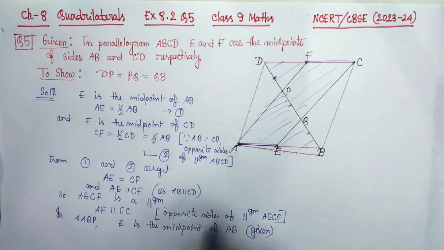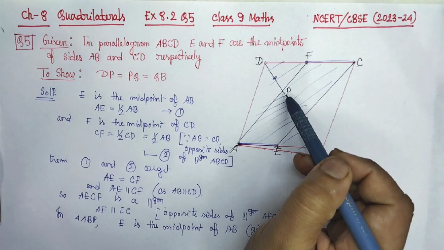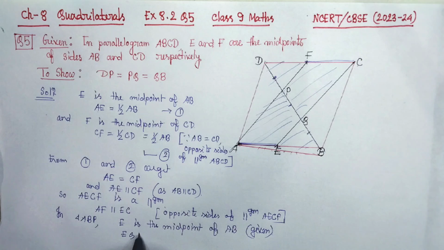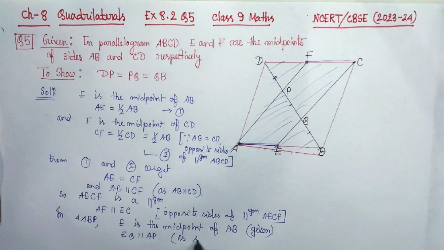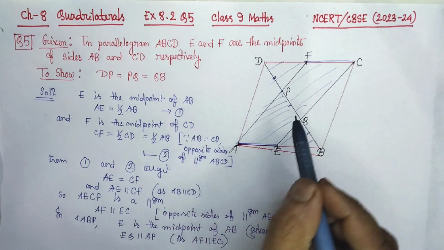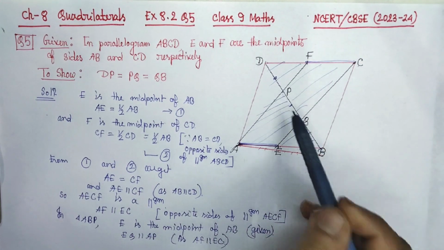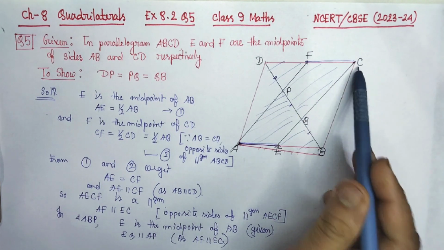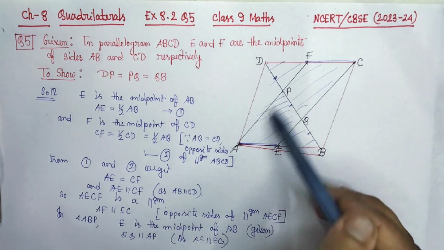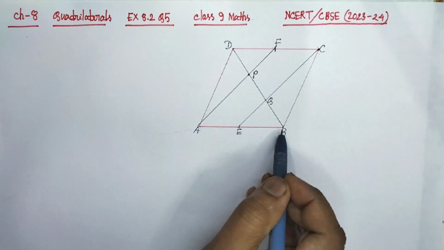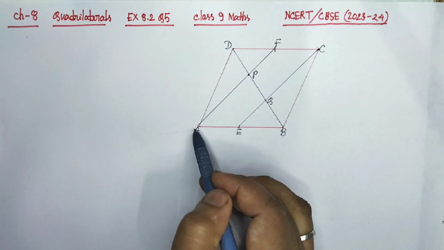And here EQ is parallel to AP, as AF is parallel to EC. If two sides are parallel, then their parts are also parallel. So AP and EQ are the parts of AF and EC. So AP is parallel to EQ. So in triangle ABP, E is the midpoint of AB and EQ is parallel to AP.